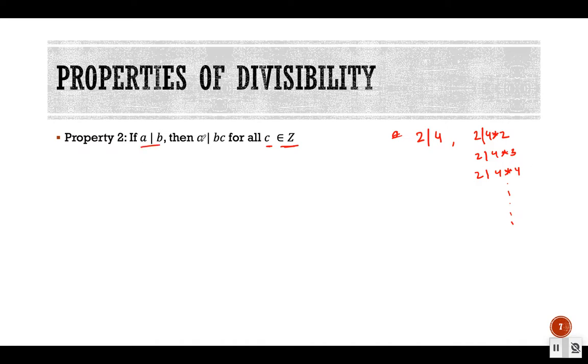So let's try to prove that with our division properties. We are saying that a divides b, so that means a times k1 equals b, where k1 belongs to an integer number. Now to prove that, I have to find out whether I can represent the whole thing as a times k2 equals bc, where k2 belongs to integer number.